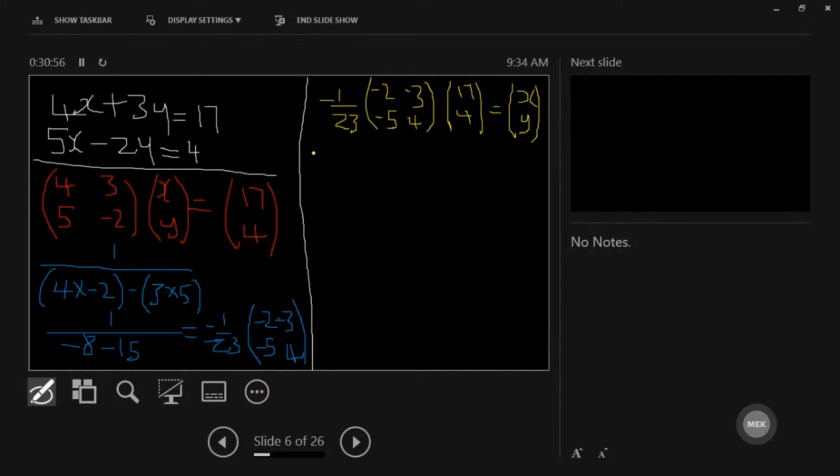And we know you could multiply these two first, but you'd end up with some fractions, and then you'd multiply all of those fractions by this. So I just prefer to remember multiplication is associative. So multiplying these two first is the same as multiplying these two first. So I'm going to keep my fractions for last. I prefer to work with my whole numbers. It's easier to clean up.